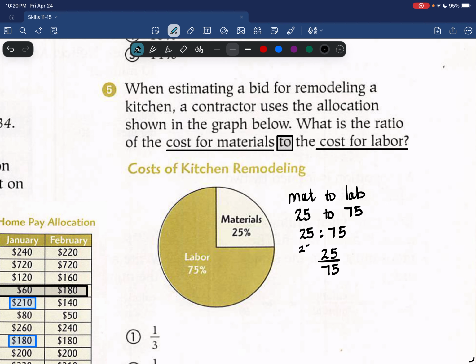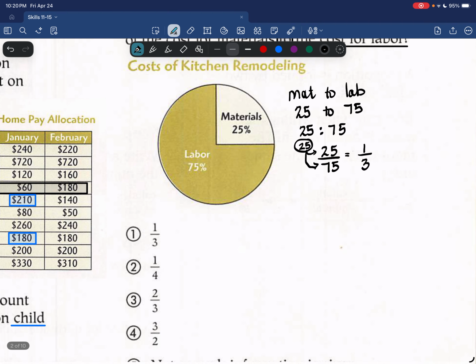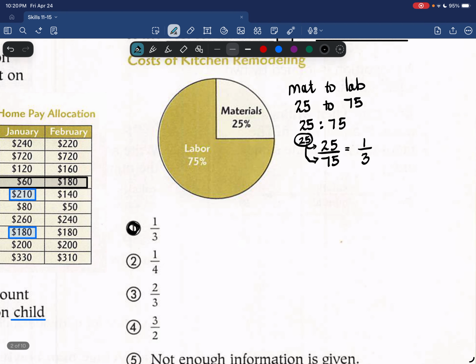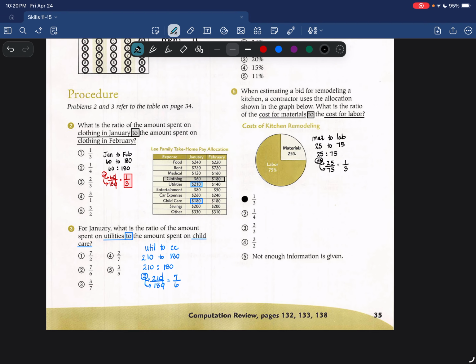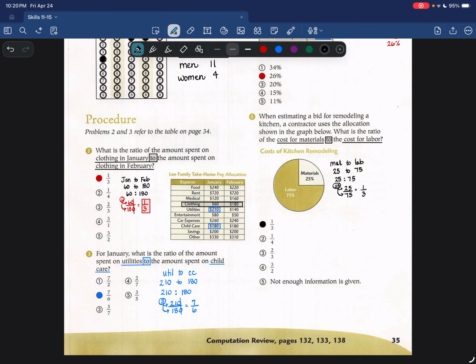And we can simplify that by 25. 1, 2, 3. So I like answer number 1 for that one. And that's all. If you have not done the computation review, I do suggest that you look at those on pages 132, 133, and 138.